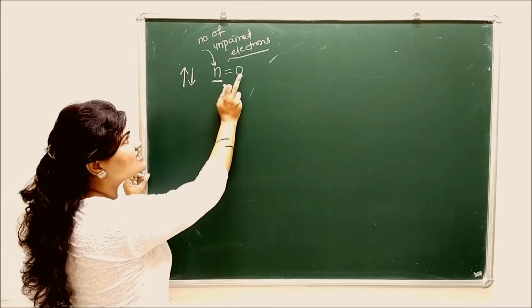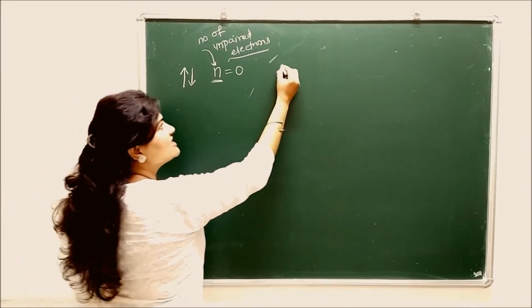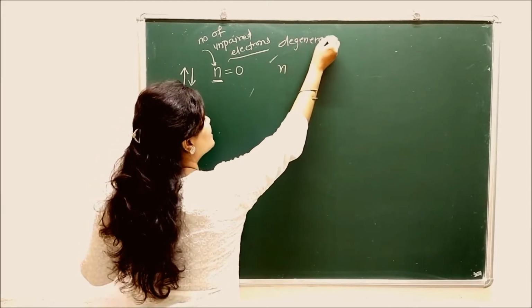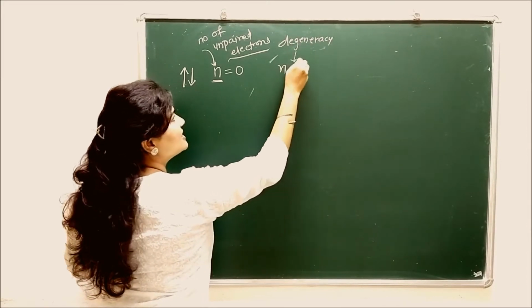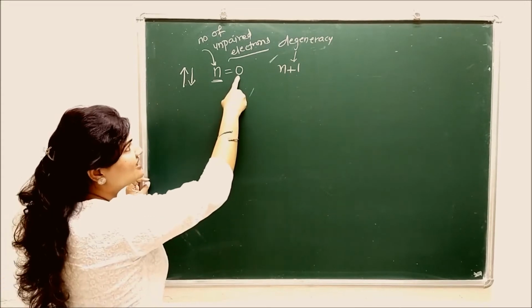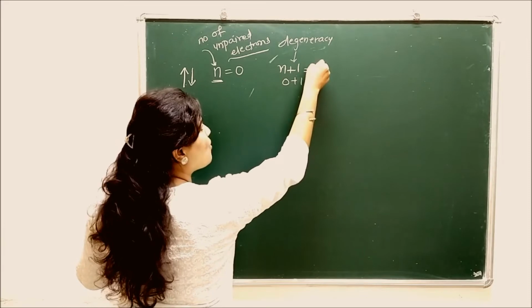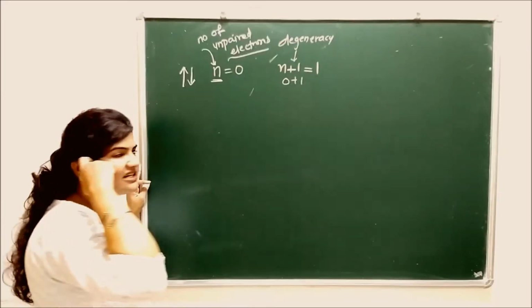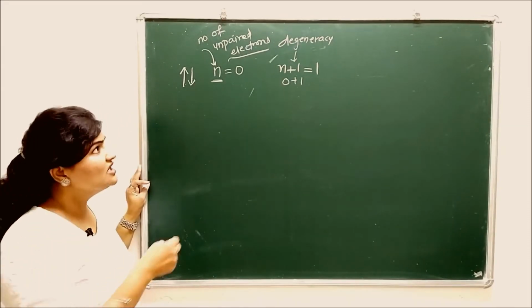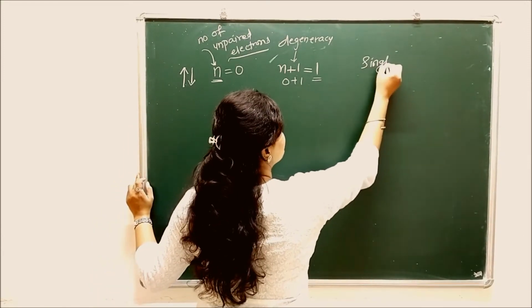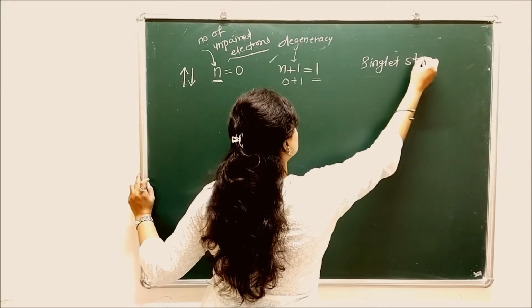So if there are 0 unpaired electrons, the degeneracy or equal energy states will be n plus 1. So for 0 unpaired electrons, you will have 0 plus 1, which is 1 equal energy state or 1 spin state. So this is referred to as the singlet state.